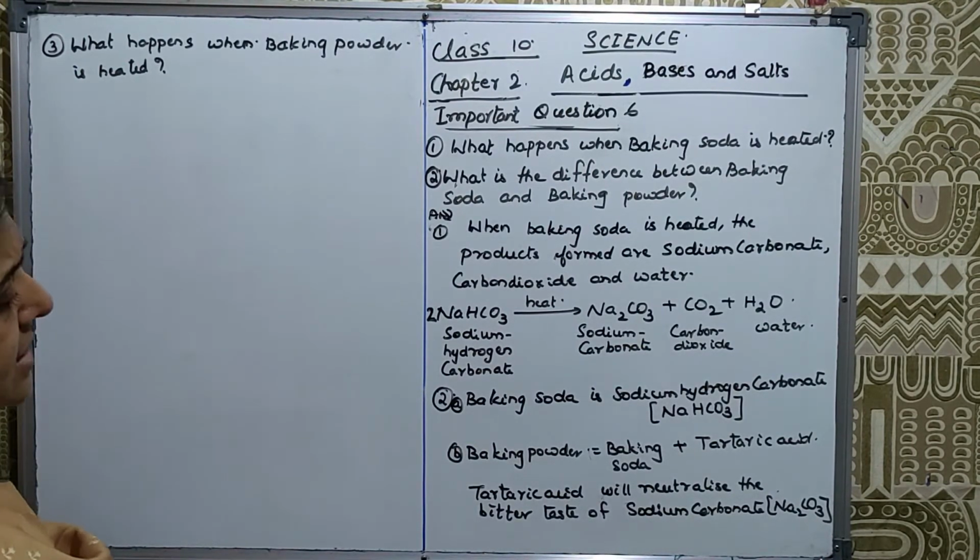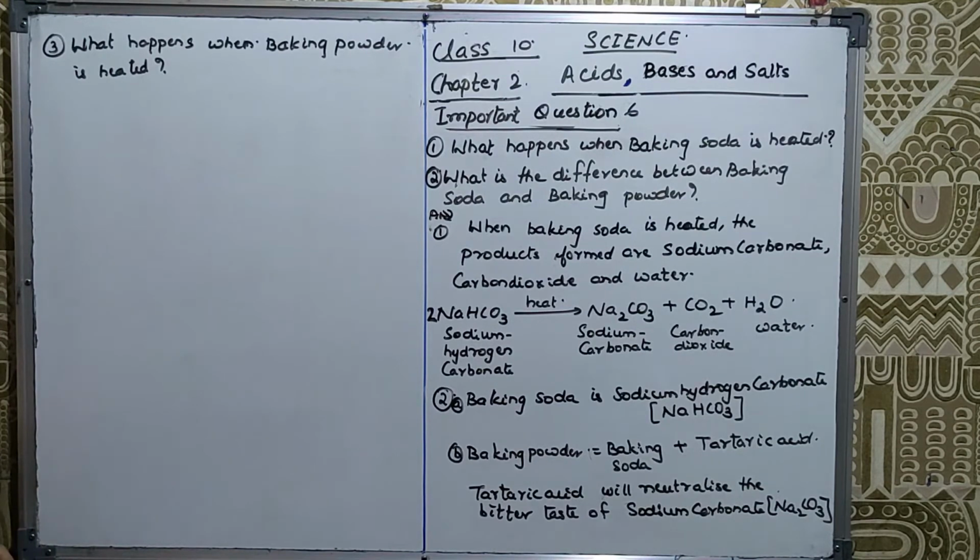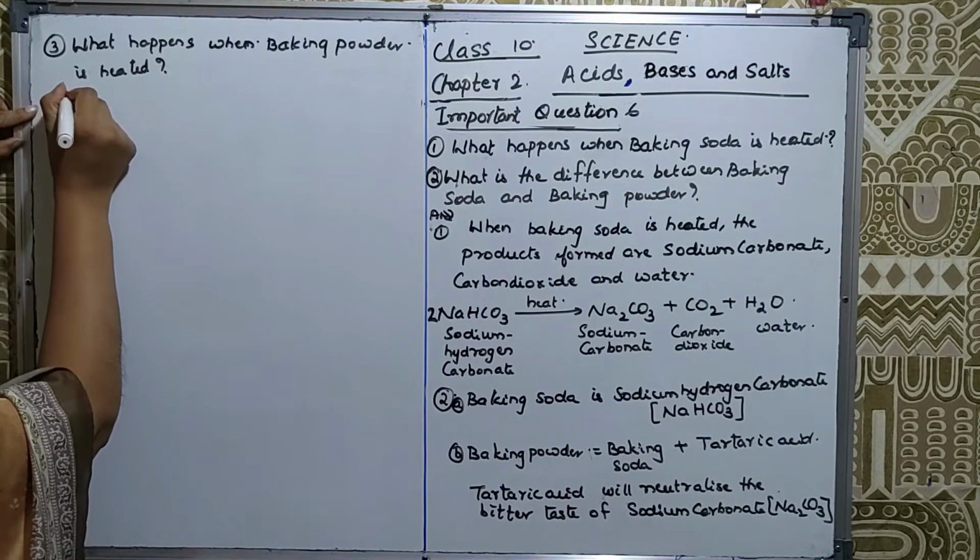When baking powder is heated, the products formed are carbon dioxide, water and sodium salt of acid.